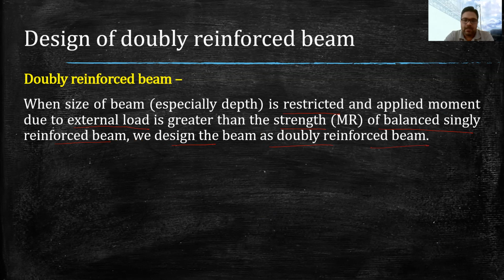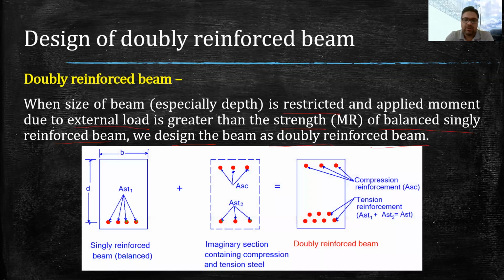Diagrammatically, here you can see the case of a singly reinforced beam, in which we provide reinforcement on the tension side, and on the compression side the compressive load is borne by the concrete. But in a doubly reinforced beam, the tension is again borne by the steel, but the compression is borne by the steel and the concrete.